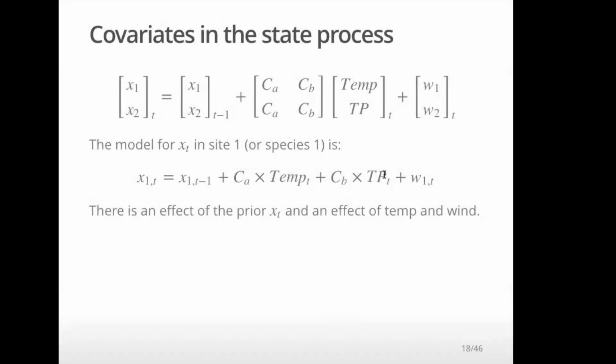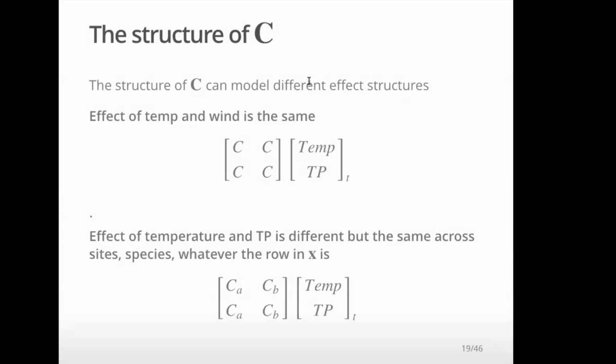So I showed here one structure for this effect matrix, but our effect matrix doesn't have to look like that. We can use it to model all kinds of potential relationships between our covariates and our process. Let's see some examples.